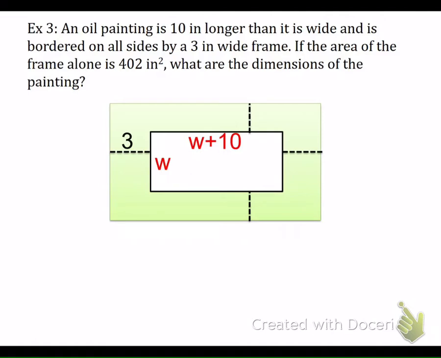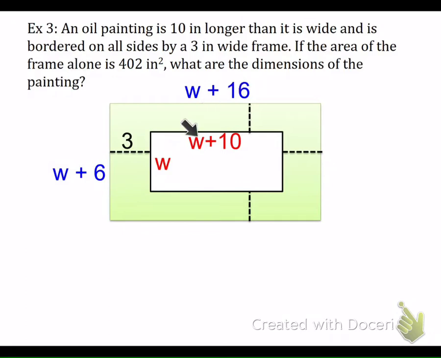Now, if you add 3 twice, what are you really adding? Because if you look here, we add 3 to the W plus 10, and then we add 3 again. You know what I'm saying? So just keep that in mind as well. That's where these plus 6s come from. For the width, we added 3 and 3 to the W, so W plus 6.